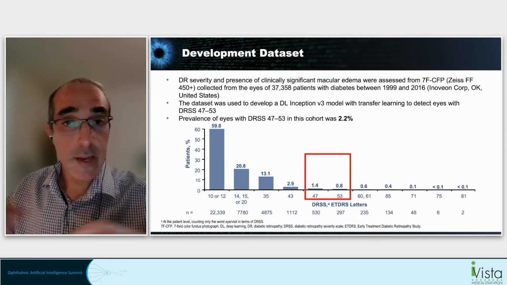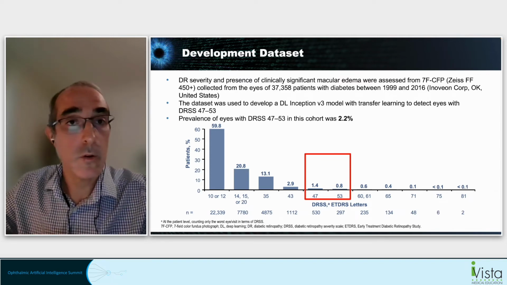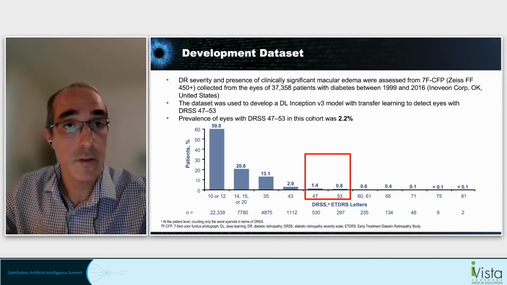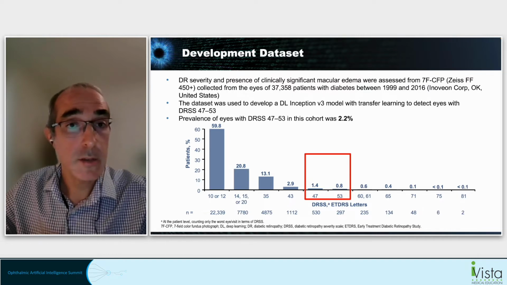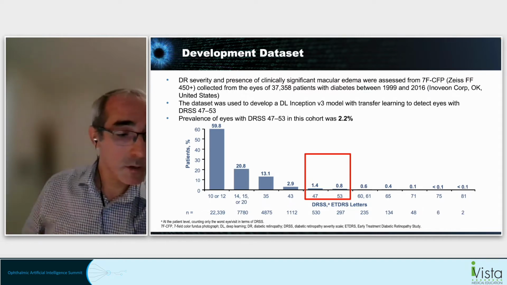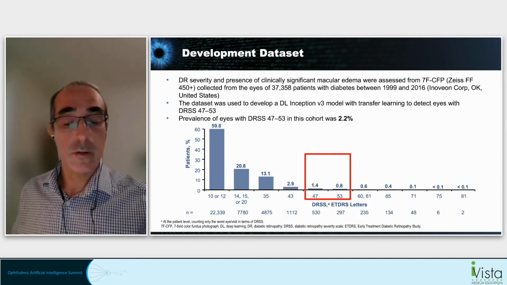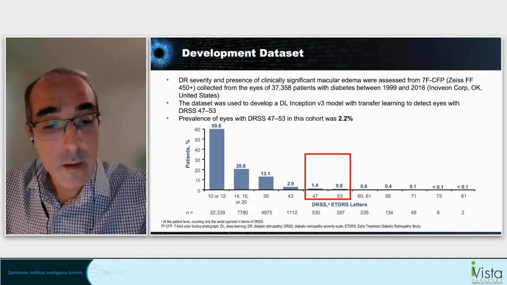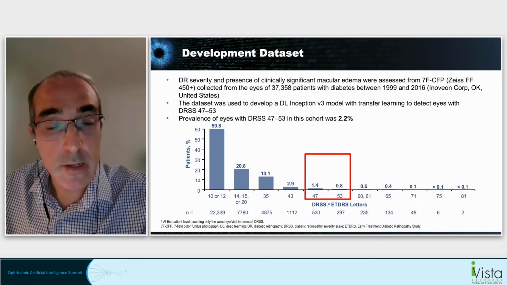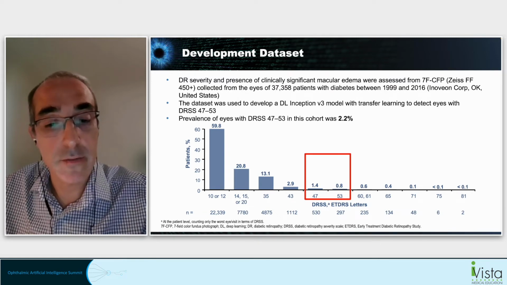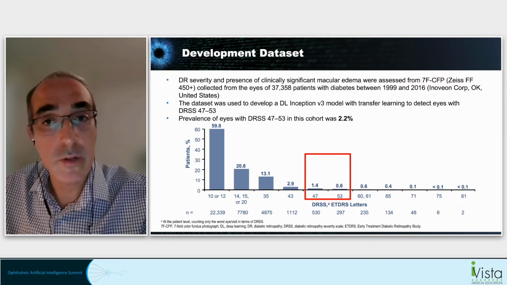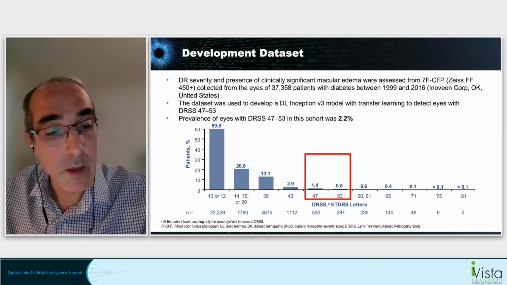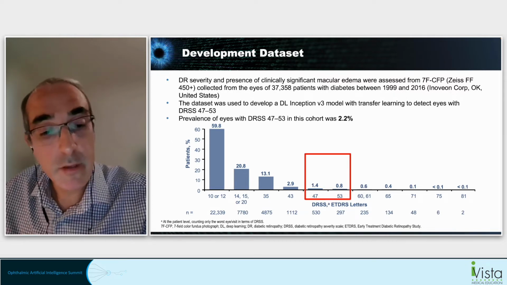So let me give some context about the cohorts used for the development and for the evaluation, as well as the methodology. Our development data set consisted of ETDRS graded color photos from eyes of over 37,000 patients with diabetes. The images were acquired with a Zeiss instrument.